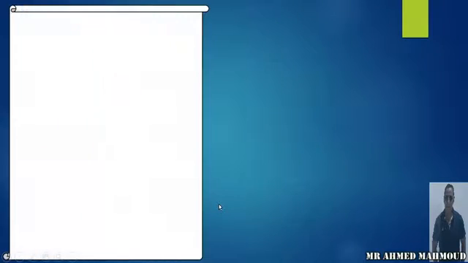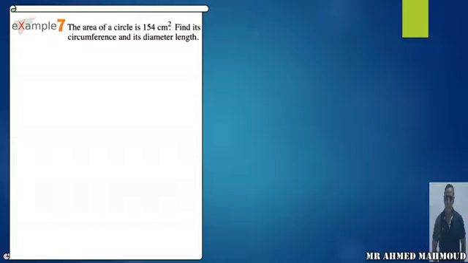Okay, the next example. Here we have example 7. In this example, if the area equal 154, okay, find its circumference and its diameter. First, we have here the given, which is the area of the circle. We are going to start with the given.